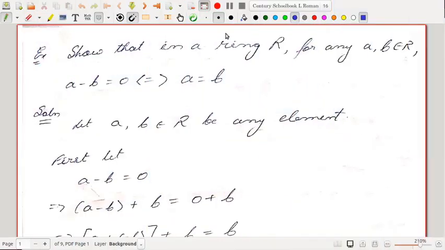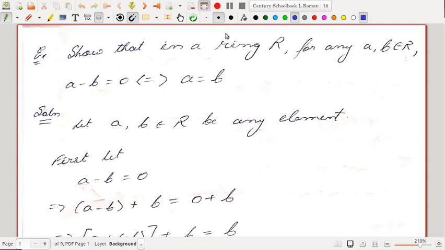So this is the one: show that in a ring R, for any elements A and B inside R, A minus B equal to 0 implies and is implied by A equal to B. Whenever we have A minus B equal to 0, this means that A and B are equal.